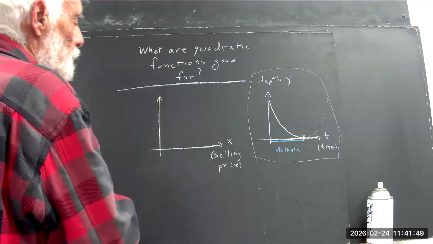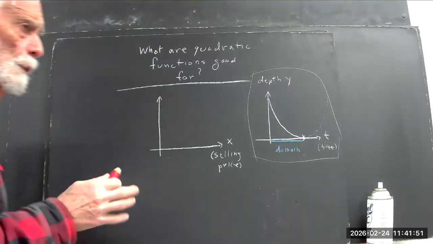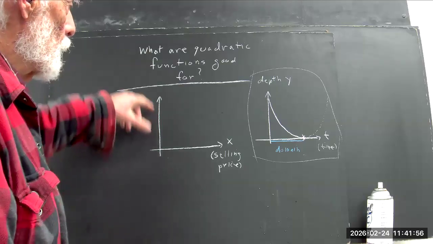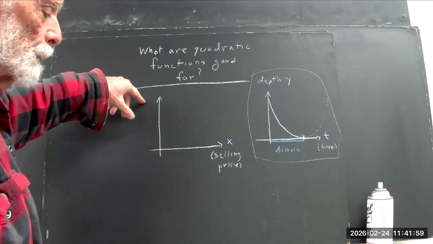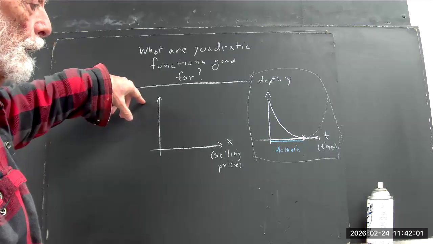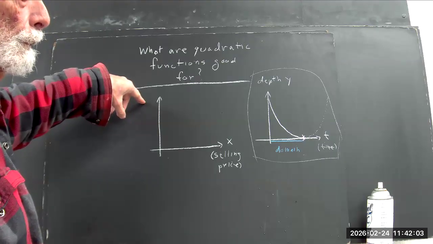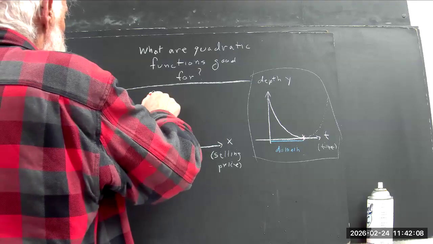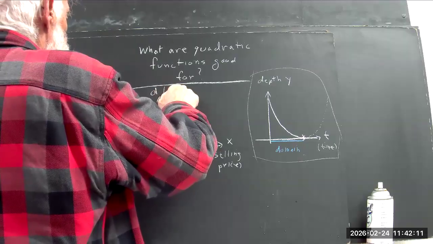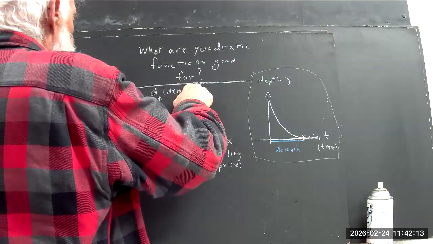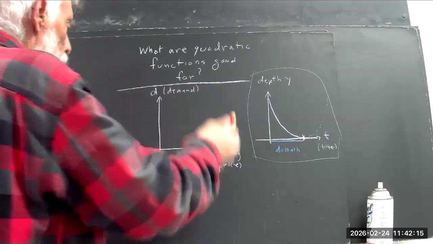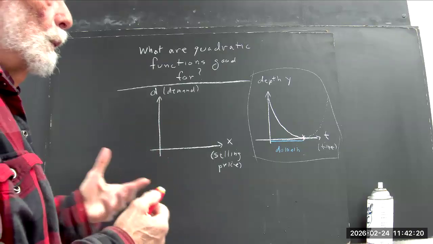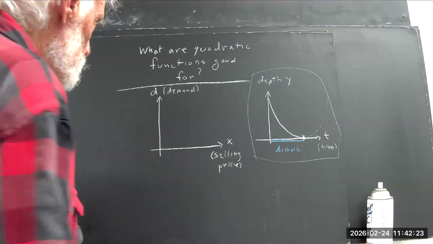On the y-axis, except I'm not sure I want to use y here. Okay, so what's going to go on this axis is how many people are going to buy it. Okay, so I'm going to call this D. Demand. The demand is how much people want it, as measured by how many people will actually buy it.